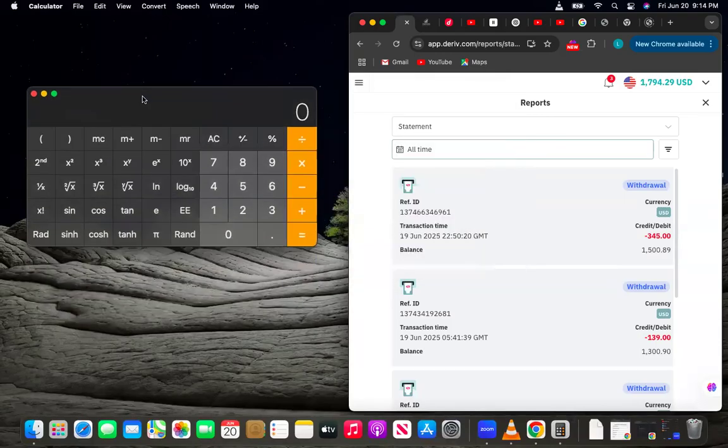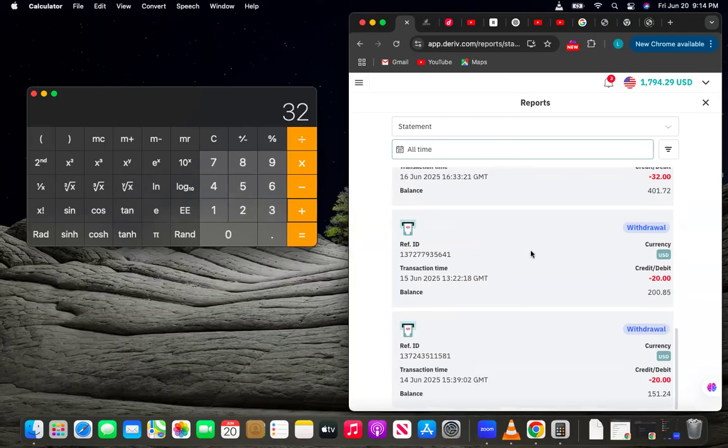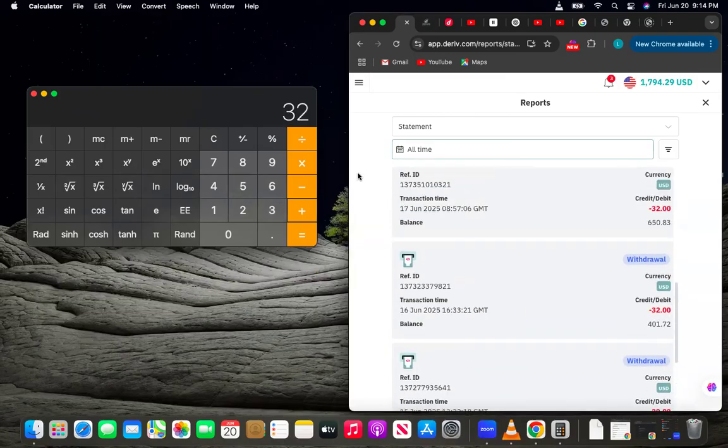All right. So on that 14th of June, $20. I like to take out my capital. I don't just like to trade, I like to withdraw. 20 plus 20, then we have 32 plus 32, and then another $32.